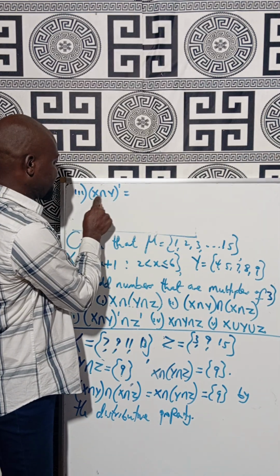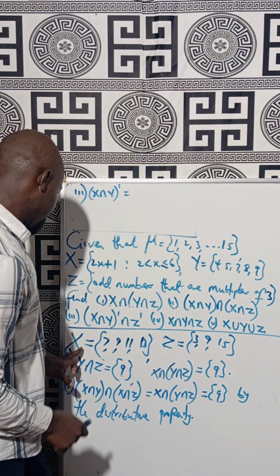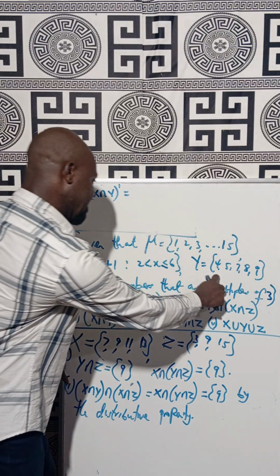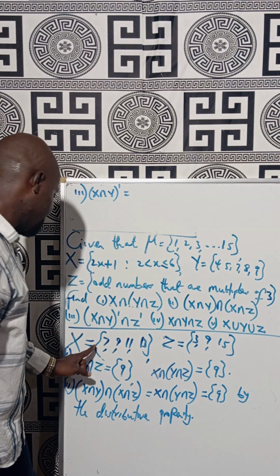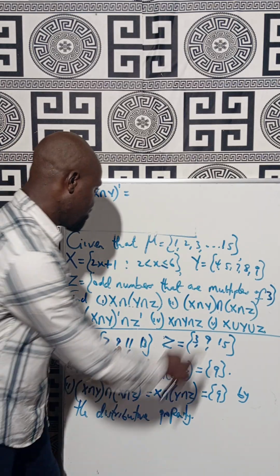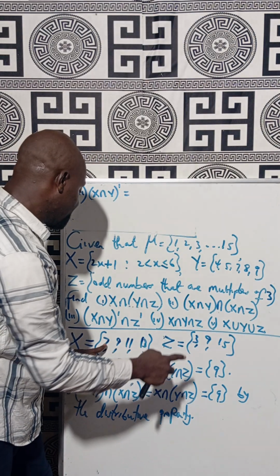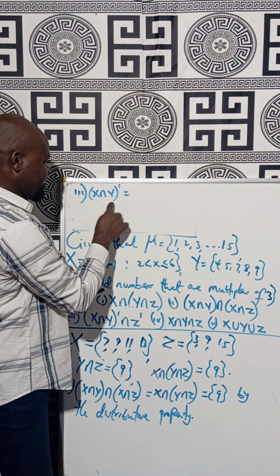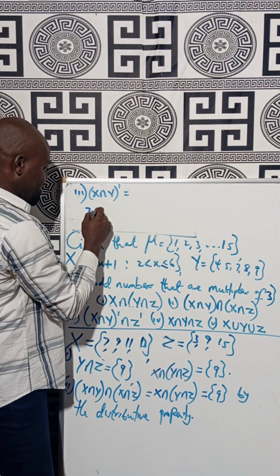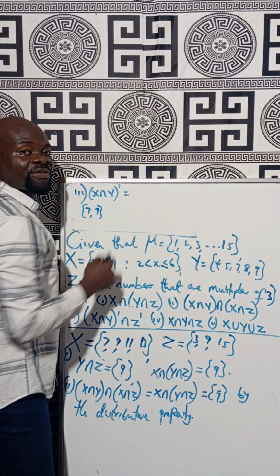Where does x intersect y? Let's check quickly. What's the common number there? We have 9. We have 7 is there. 7 and 9. So this is 7 and 9. That's this set here. Don't forget that.